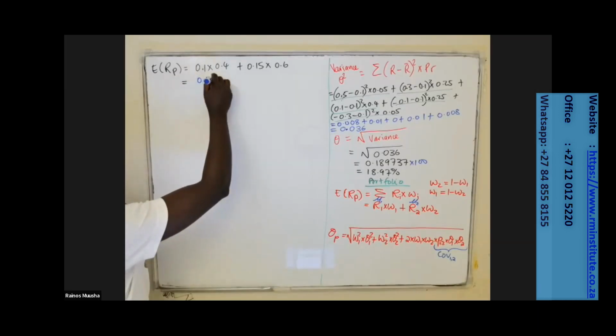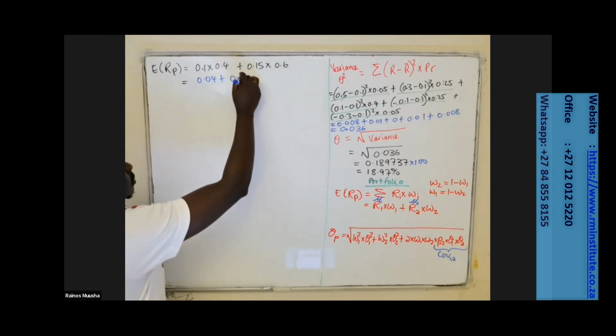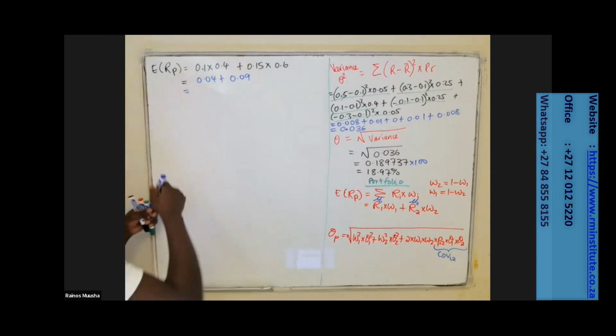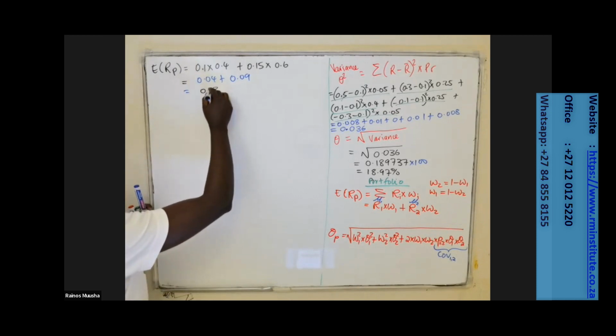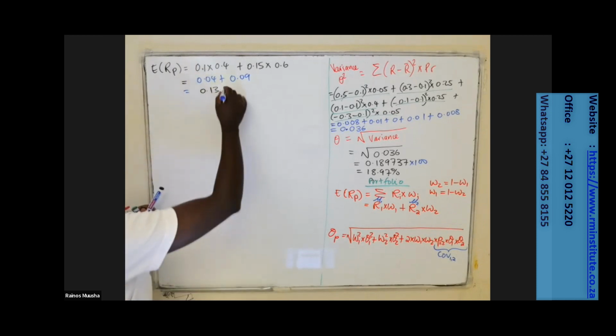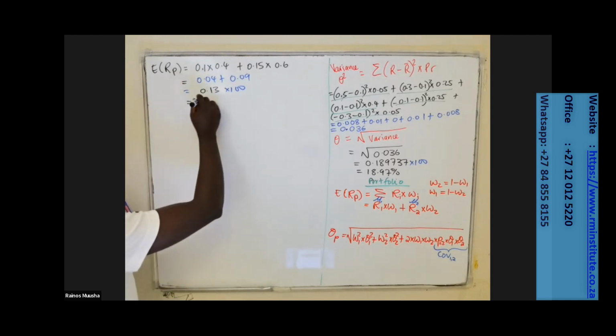So it will be 13% because it's 0.04 plus 0.09, which would give us an amount of 0.13. And then if you multiply that by 100, to make it a percentage, you get an expected return of 13%.